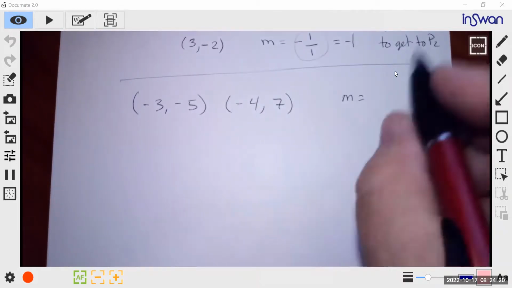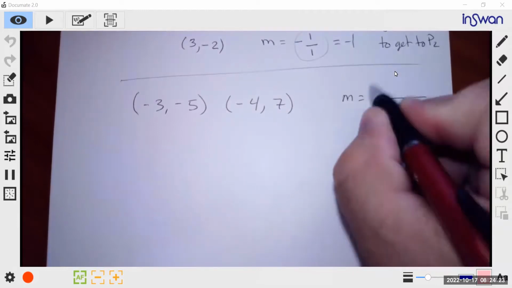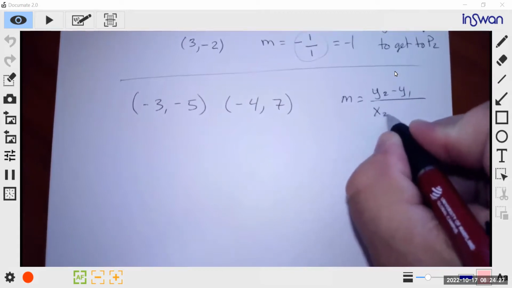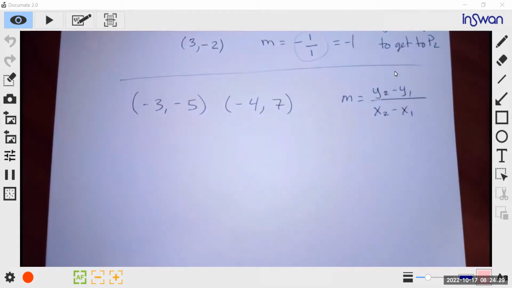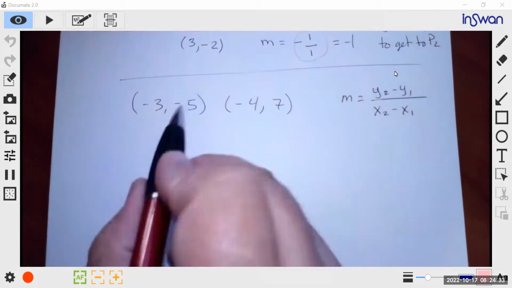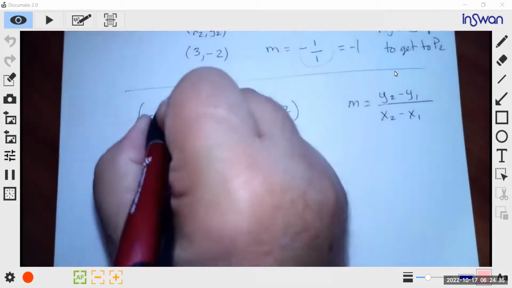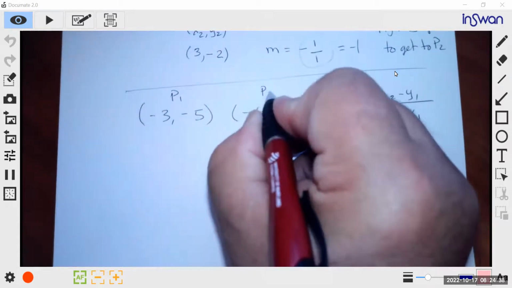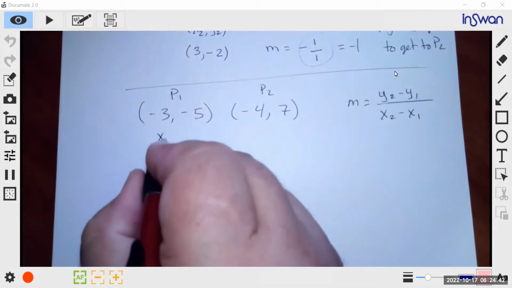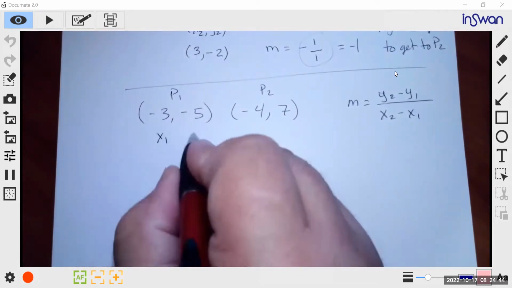All right, so look at this. Since we're looking for the slope, we know we need y2 minus y1 over x2 minus x1. So always start off by writing the formula down. Since this is our first point, this is point 1 and this is point 2, because that's the way it's written. That means this number here is the x value of point 1.